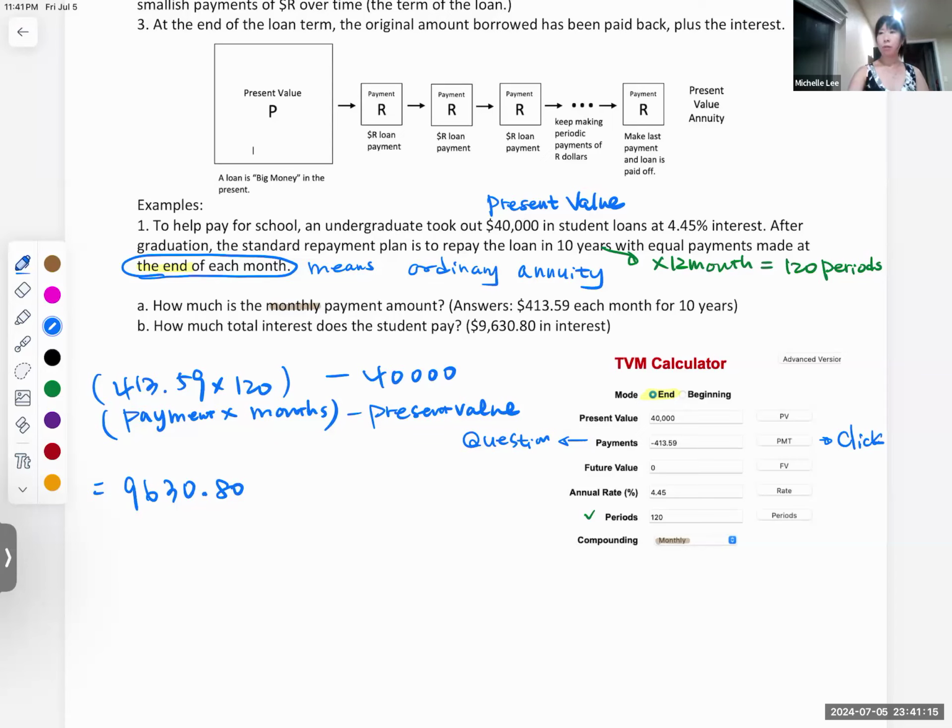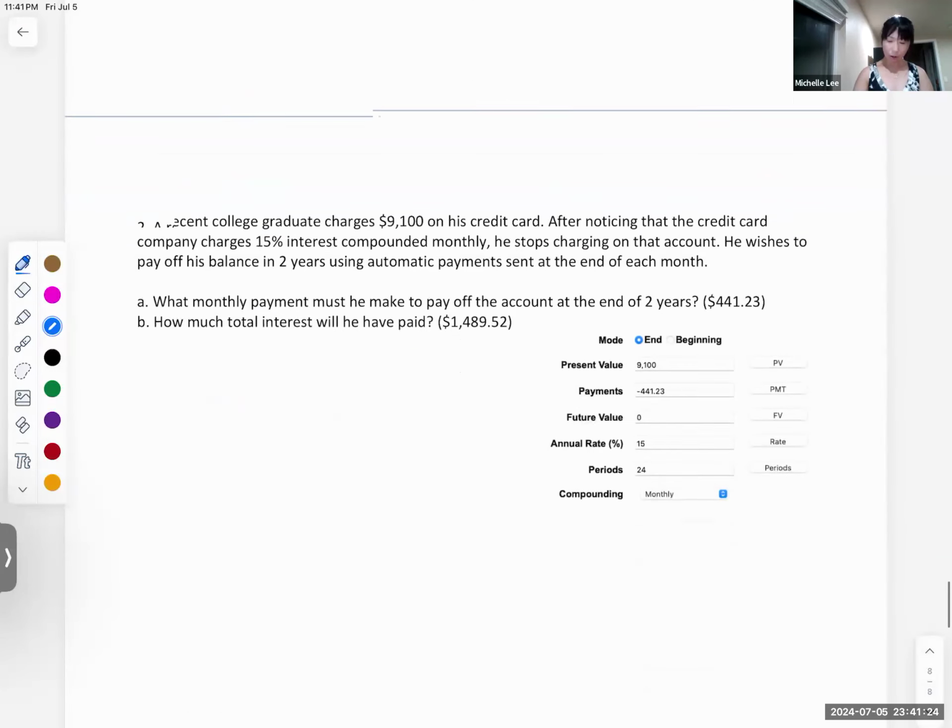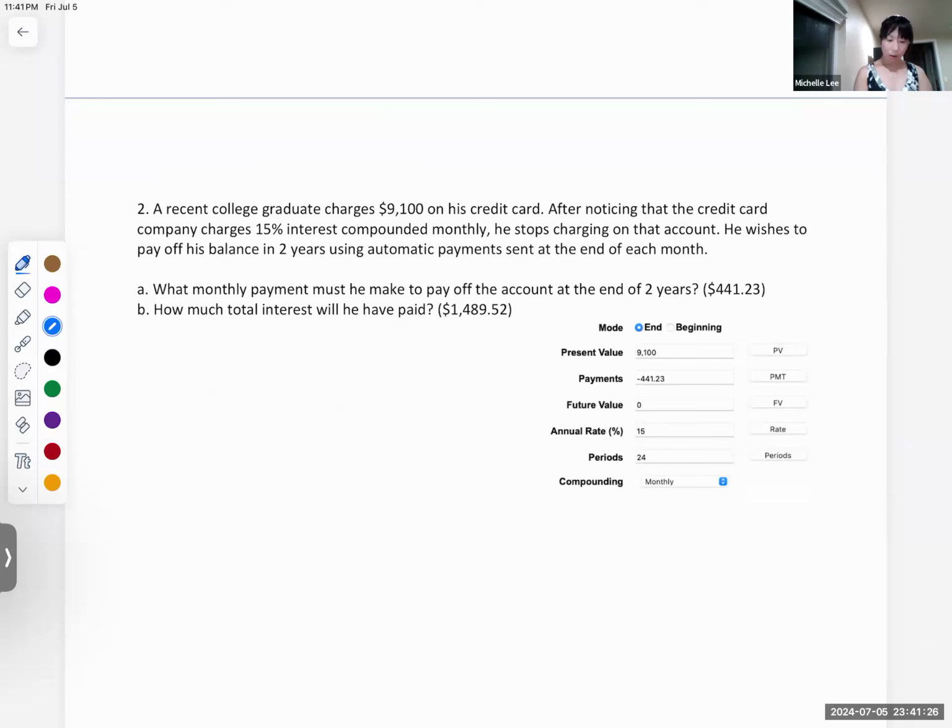Oh, we have one more. Okay, so last question here, number 2. A recent college graduate charged $9,100 on his credit card. So this is the present value.